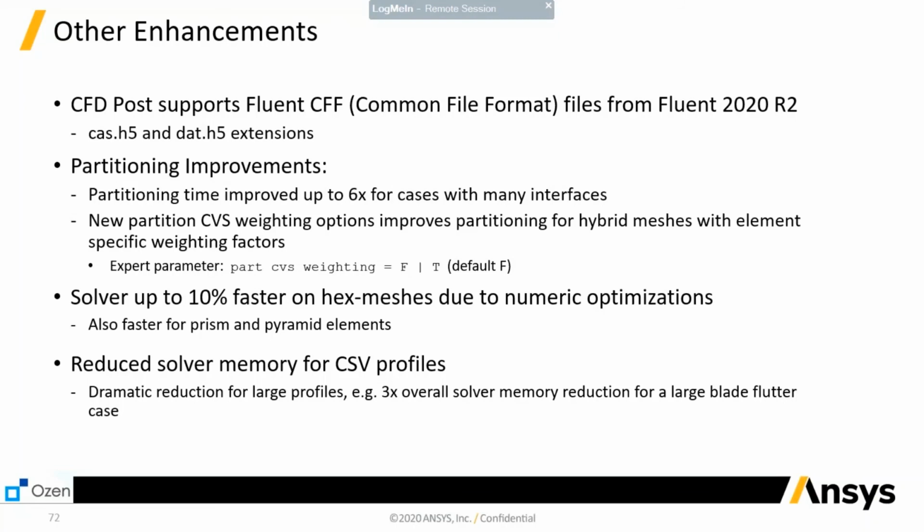The solver is up to 10% faster now, especially on the hex meshes, because of the optimization we did on the numeric side. And also the solver memory has been optimized a little, so it has been reduced. So we need less memory when you run a complicated problem.